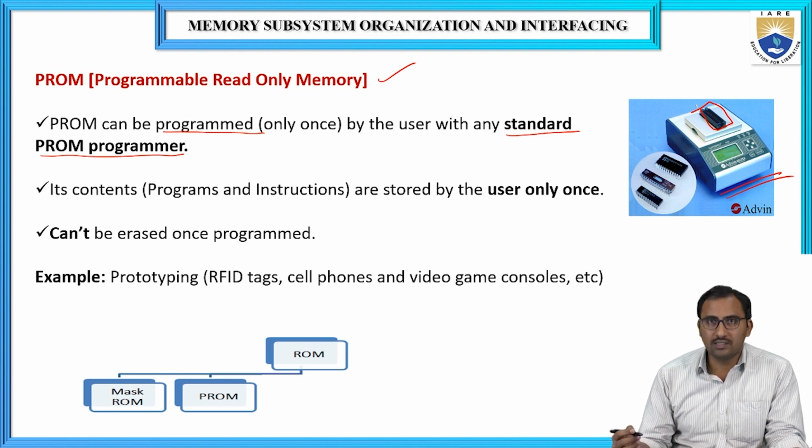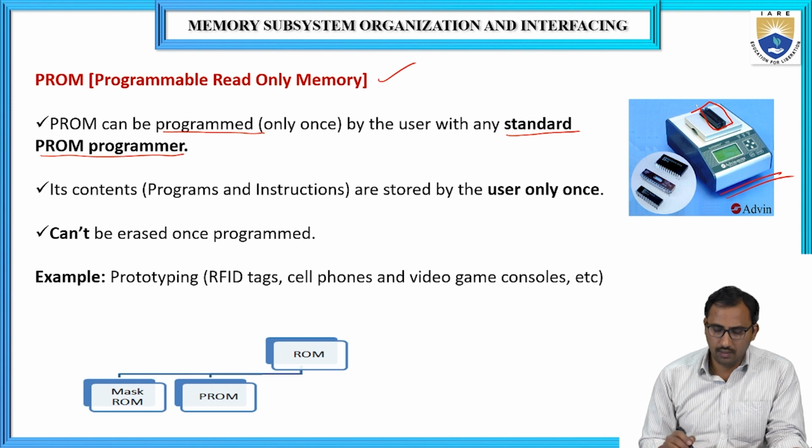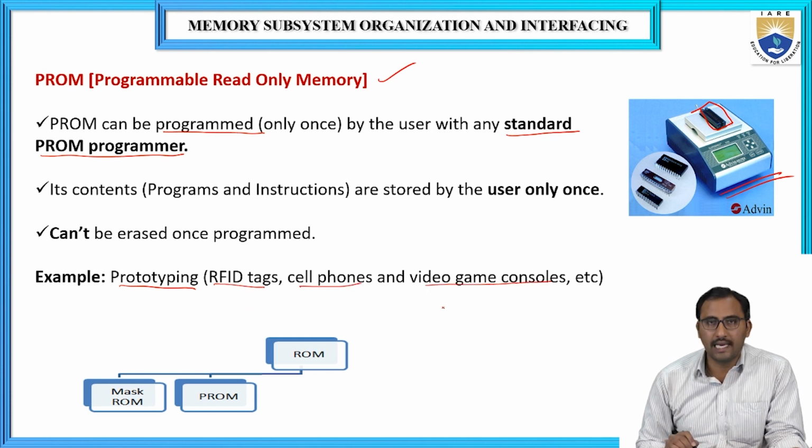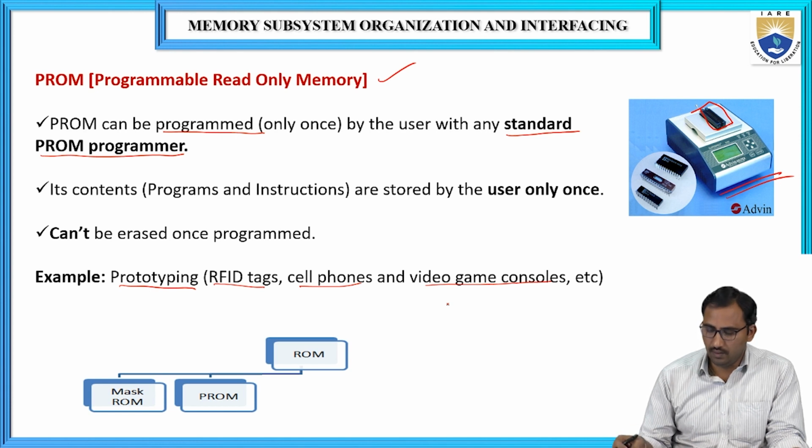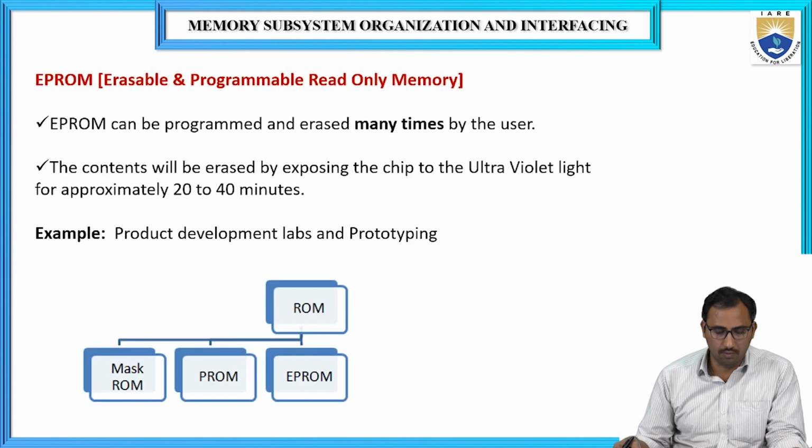Once the program is loaded into the PROM chip, the user cannot erase it. An example is prototyping. For prototyping purposes we can use this PROM chip, and also in RFID tags, cell phones, video game consoles, etc. So this is the second type of ROM.